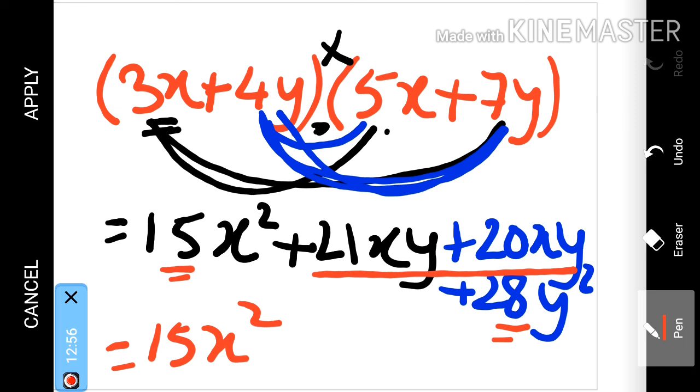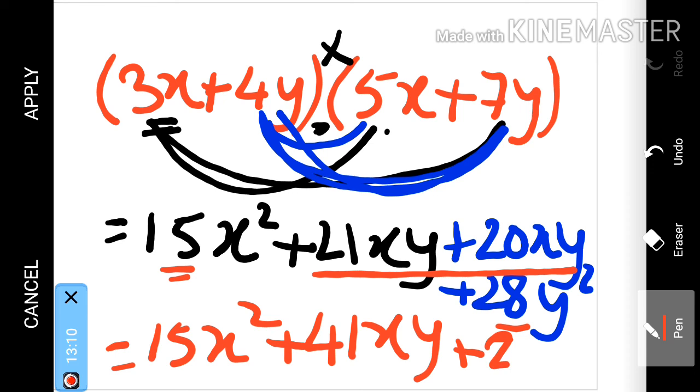These two terms are xy terms. So 20 plus 21 gives you 41xy. There was no x square term, so it came as it is. There is no other y square term, so it comes as y square as it is. So this is going to be your final answer.